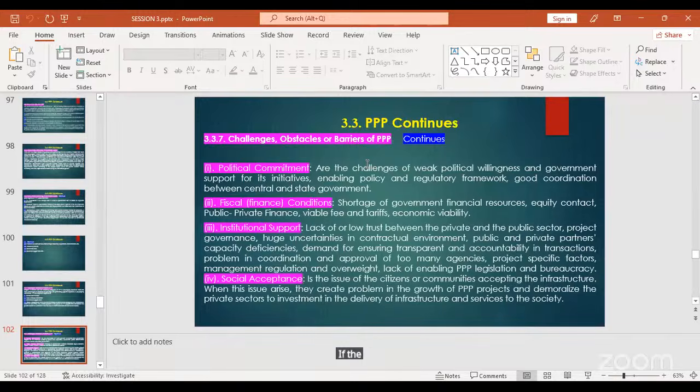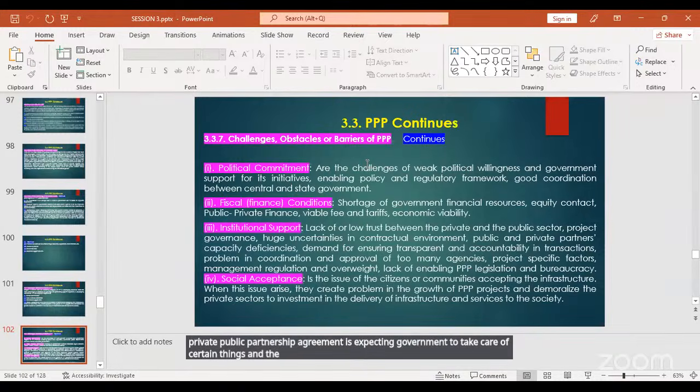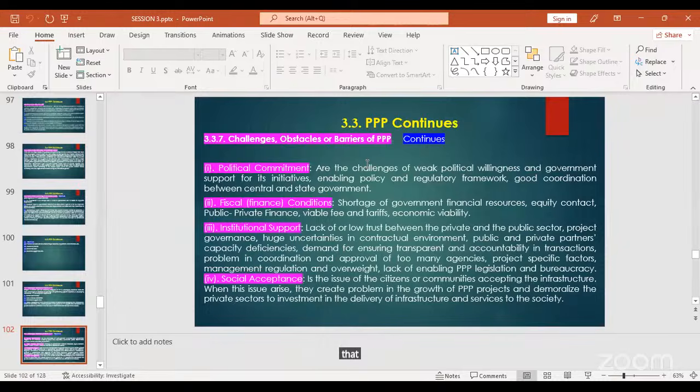If the person who has entered into the private-public partnership arrangement is expecting government to take care of certain things, and the funds of government are not coming to take care of the aspect it's supposed to take care of, you may see that the growth of it might begin to dwindle. So we also have the issue of social acceptance. Is the issue of the citizens or communities accepting the infrastructure. Look at the one on the Lekki axis.